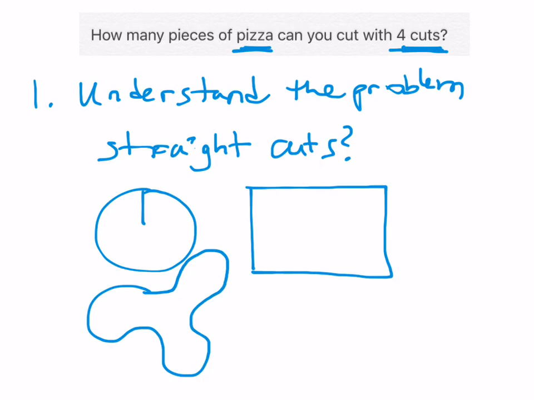When we say how many pieces, are we looking for the maximum number of pieces, which seems to be what the problem implies? Or could we just say, well, I can make 1 cut and get 2 pieces. Is that sufficient?